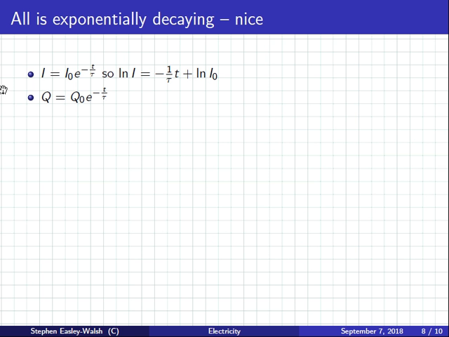But it's the same idea for Q, for charge, and the same idea for voltage. All these graphs are exponential, and if you calculate log, you get a straight line.